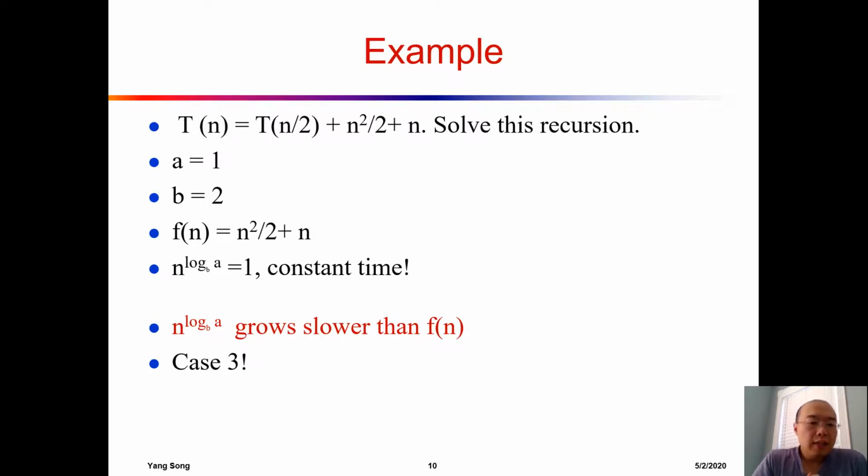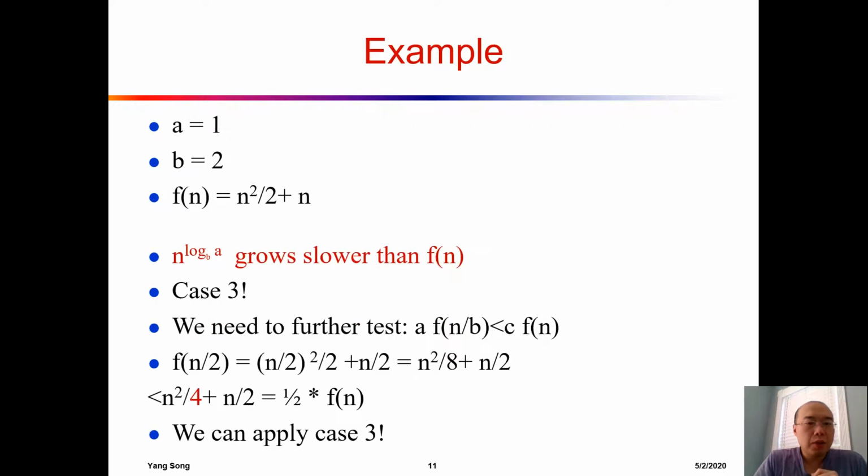So n to the log_b a grows slower than f(n), because f(n) is n to the power 2. That is case 3. First we can tell it is case 3, but can we really apply case 3? That is another problem, so we have to further test that a f(n/b) is smaller than c times f(n).